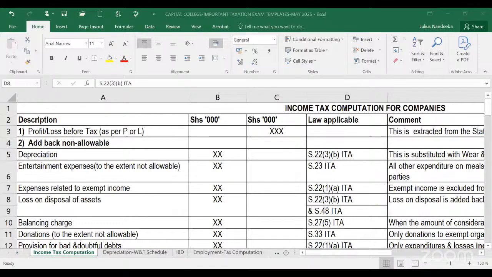question that is going to give you a statement of profit or loss. Now, the statement of profit or loss has incomes and also has expenses.